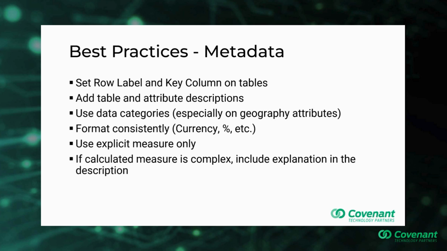And if we do have calculated measures that are complex, make sure we're explaining how the measure is calculated in the description. This will help Copilot understand how this measure is perhaps related to other attributes and so forth. It's also just good practice in general.